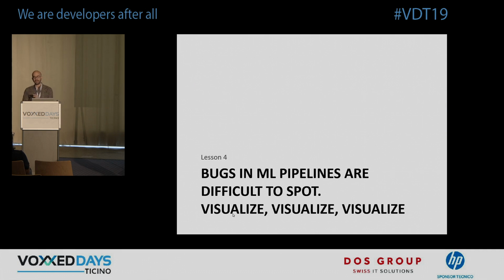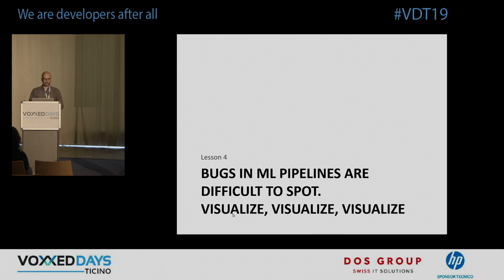Then I want to show you one recent example. It's something halfway between teaching and art, maybe, to give you a message. That is the fact that one of the reasons why machine learning is hard in practice is that if you have a bug in your data or in the code that generates the data that you feed to your model, then it will be really difficult to spot that bug.